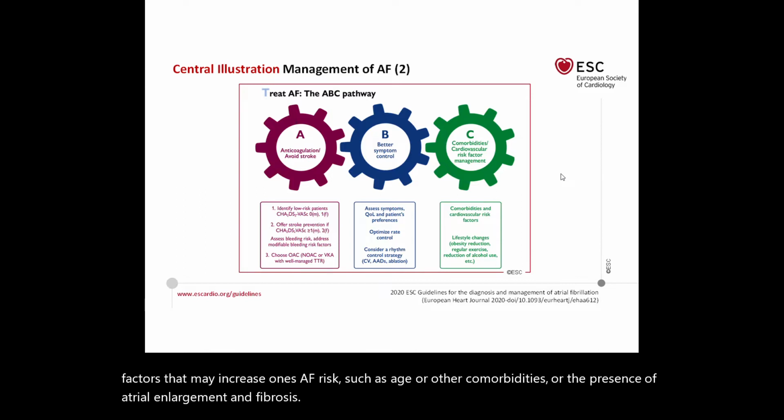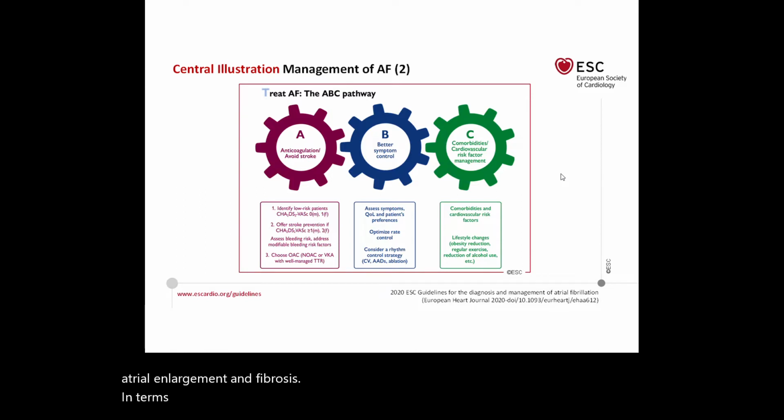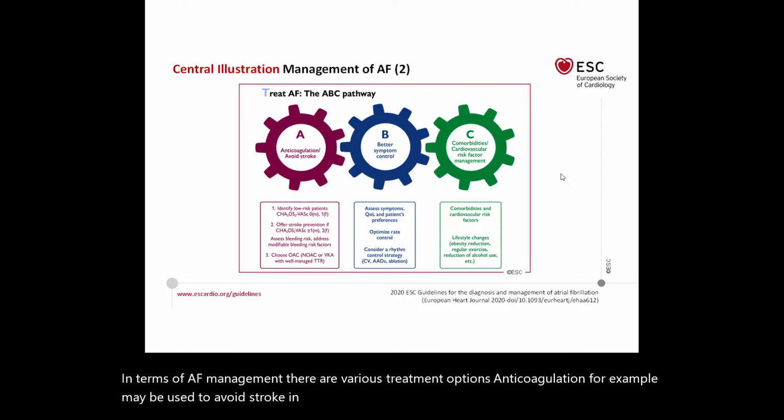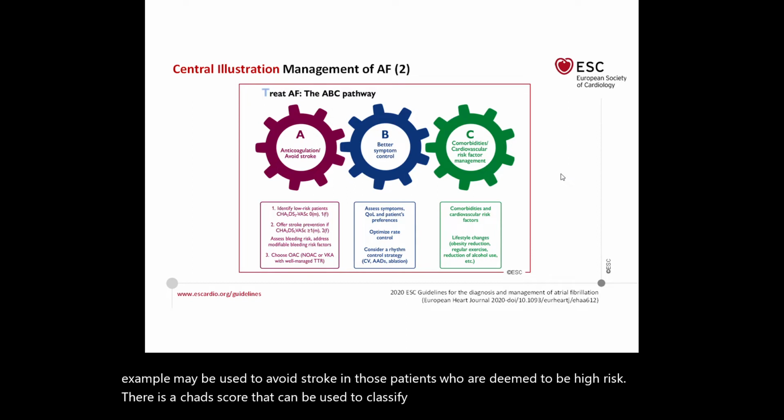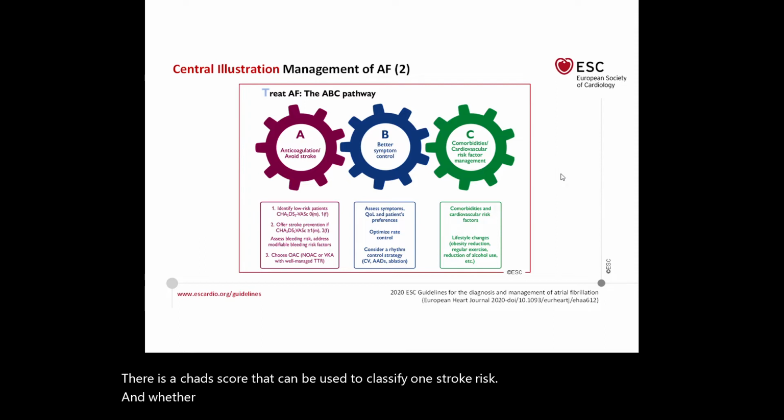Lastly, in terms of AF management, there are various treatment options. Anticoagulation, for example, may be used to avoid stroke in those patients who are deemed to be high risk. There is a CHADS score that can be used to classify one's stroke risk and whether anticoagulation therapy may be indicated.